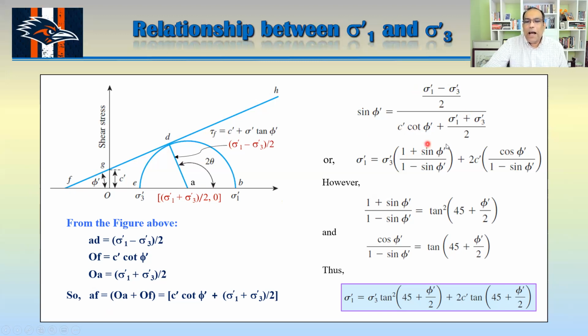If you simplify that, then you finally get sigma 1 prime equal to sigma 3 prime tan squared of (45 plus phi by 2) plus 2 c prime tan (45 plus phi by 2). Actually, we have to remember this equation, and it's also given in your FE reference handbook, which you need to solve any problem from this chapter.